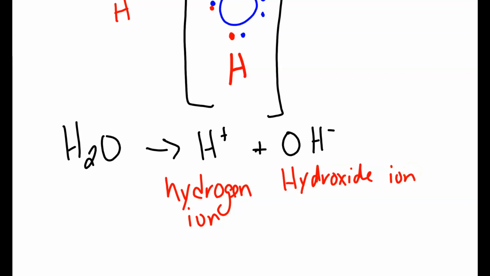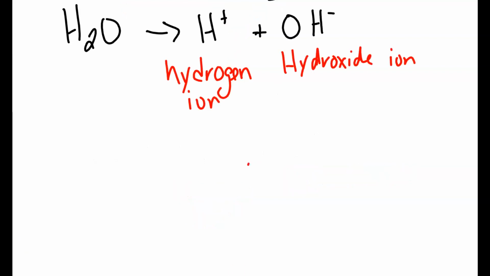And it turns out that if one water molecule breaks apart, it's going to create one hydrogen ion and one hydroxide ion. So for every time you create one hydrogen ion and one hydroxide ion, how many water molecules did not change?